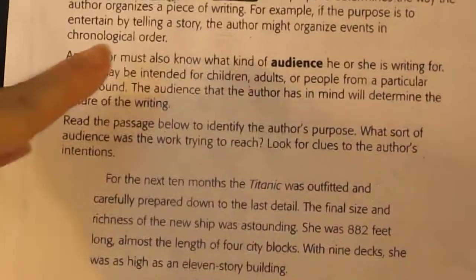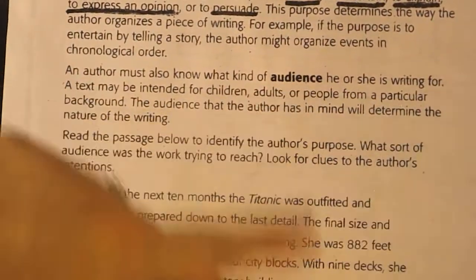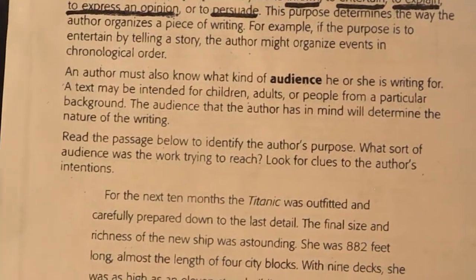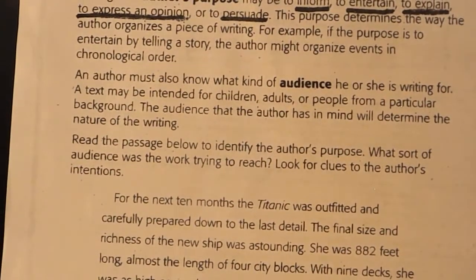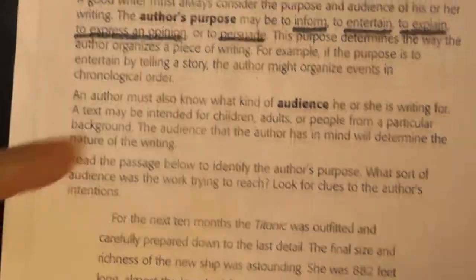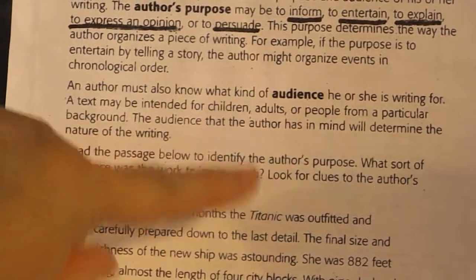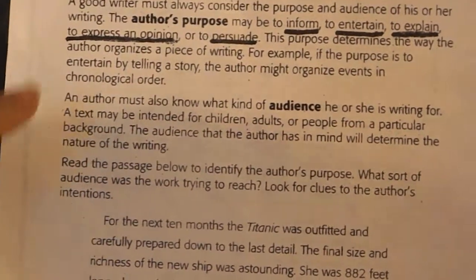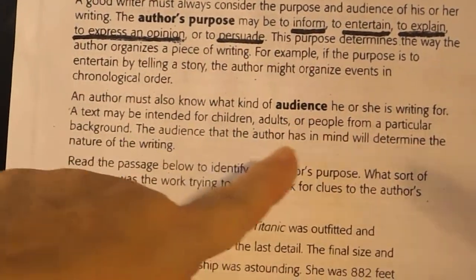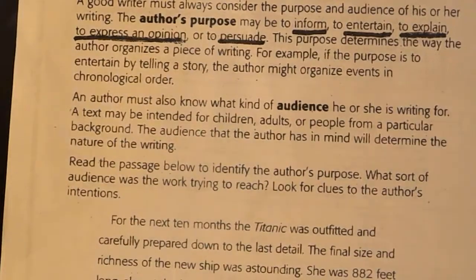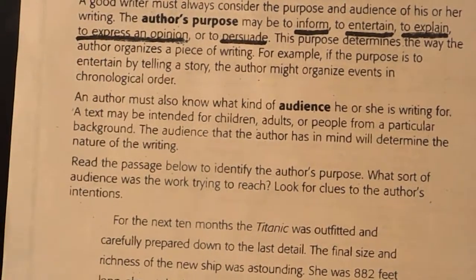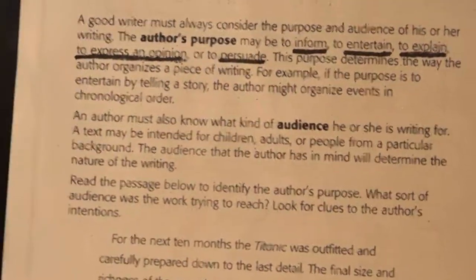An author must also know what kind of audience he or she is writing to. You need to think of that before you start writing so that you use the proper vocabulary to target that audience so that they can understand what you're trying to say. And you might identify the audience as children, adults, or just everybody. Okay? So look over this.